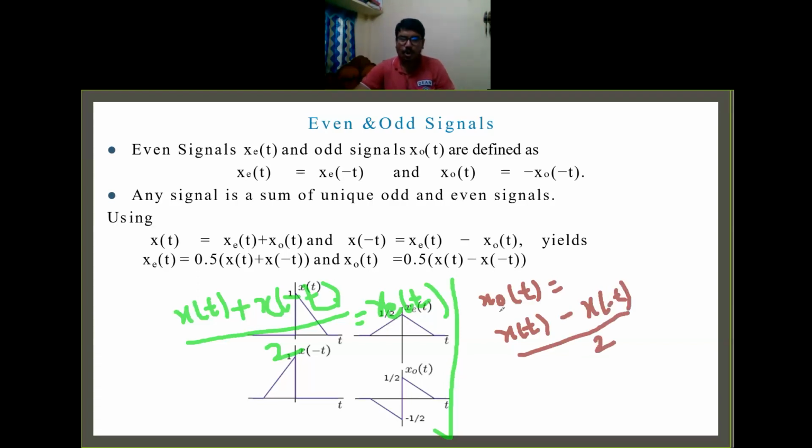This whole by 2 I have written as 0.5, don't confuse that. Here also it is the same.